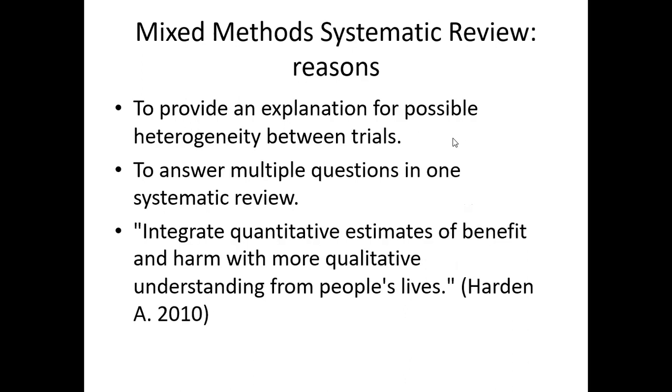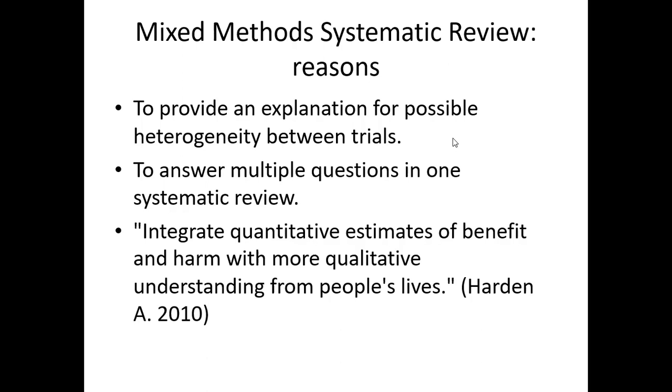To provide an explanation for possible heterogeneity between trials, this can help. To answer multiple questions in one systematic review. To integrate quantitative estimates of benefits and harm with more qualitative understanding for people's lives.